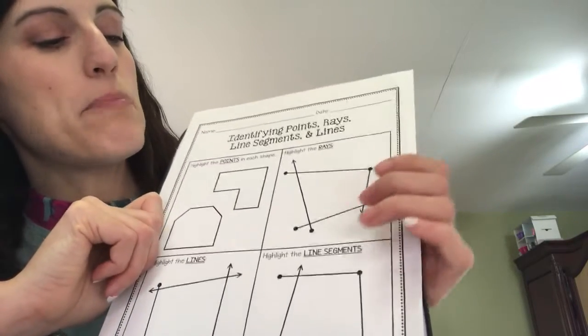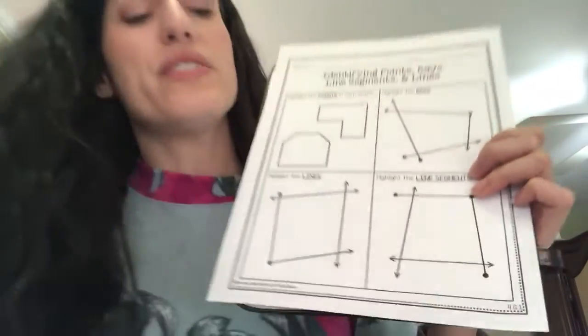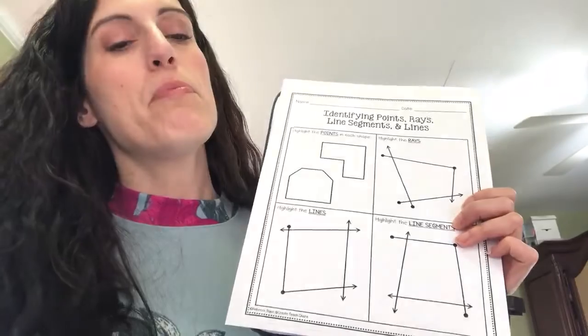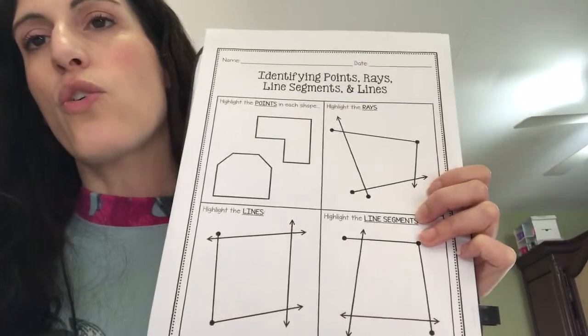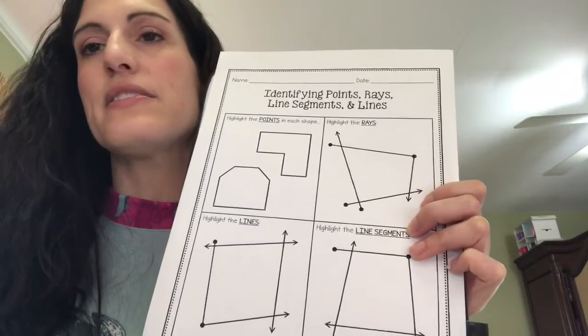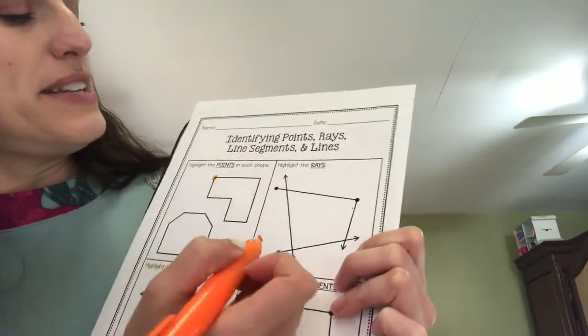So remember, a point, okay, was just anywhere in the space, but a point when it comes to shapes are our corners, basically. So this would be a point.